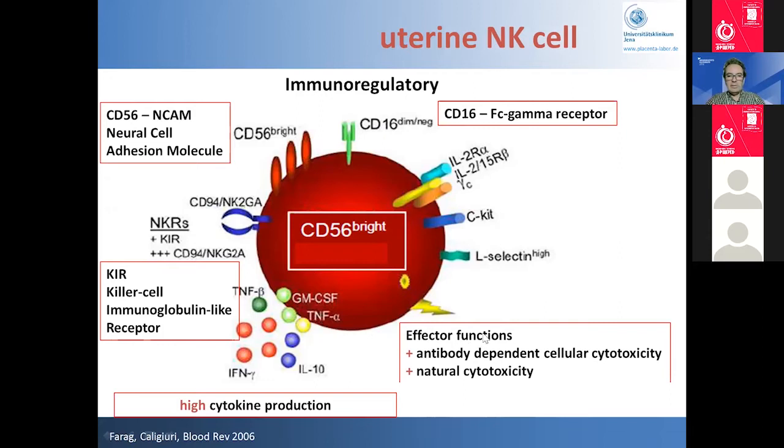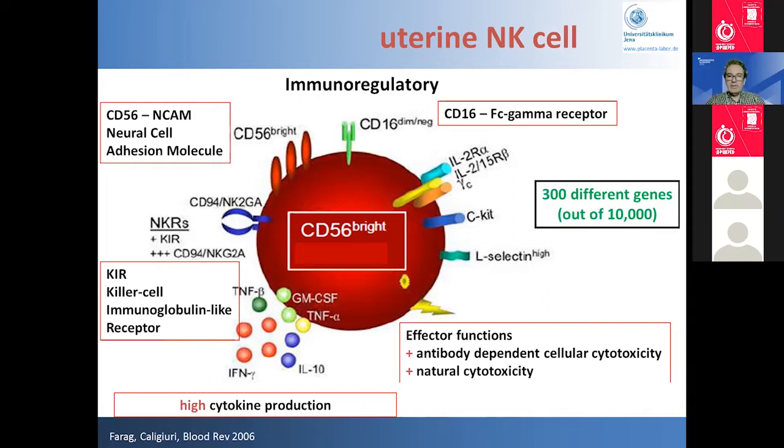And they have effector functions, but they are not as strong as in peripheral NK cells. So they are strongly reduced, but they can be activated. In certain circumstances, under stimulation, they can be strong again and can be similar to those of peripheral NK cells. But normally, without any stimulus, they are much less active.